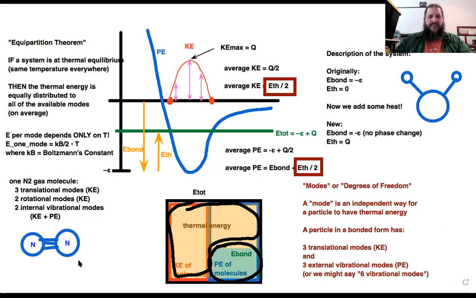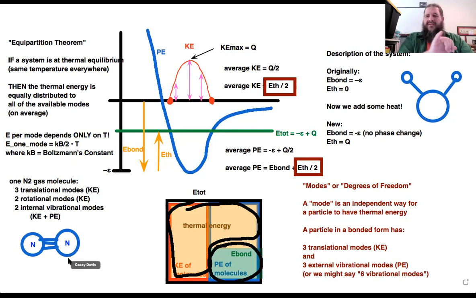If you're looking for just one type of energy, like let's say you want to know how fast this molecule is moving, what are the only modes you would care about? Yeah, and specifically just the translational kinetic energy, because rotational kinetic energy is more about how fast it's spinning.